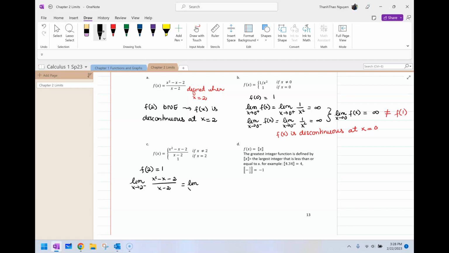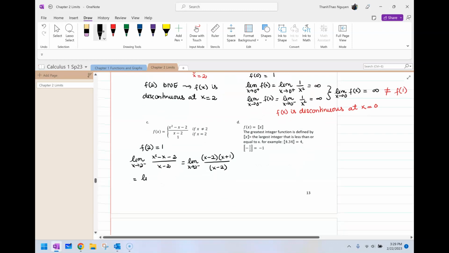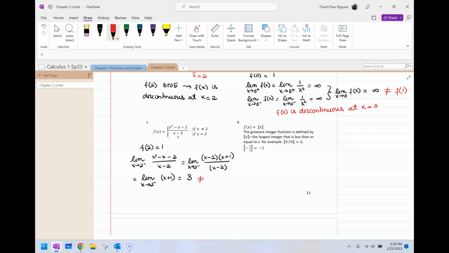So we look at the limit as x approaches 2 from the left of x minus 2 times x plus 1 divided by x minus 2. This is equal to the limit as x approaches 2 from the left of x plus 1, and this equals 3. Okay, so right off the bat we can see that this is not the same as f of 2. So f of x is also discontinuous at 2.